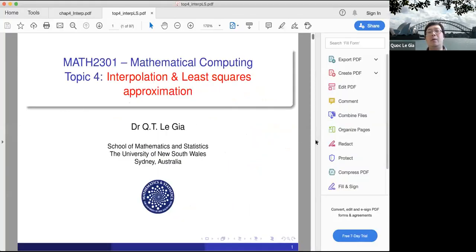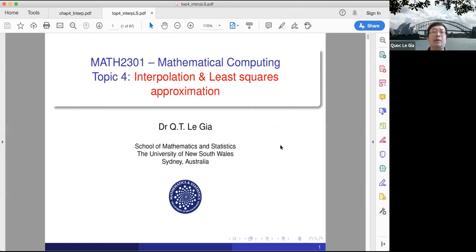First we will study interpolation. The process is when you have data points and you try to find a curve that goes through those data points. Then the second part, we will study least square approximation. When you have more data than needed, you try to find a curve that fits in the least square sense, minimizing some errors. So we will discuss two topics.